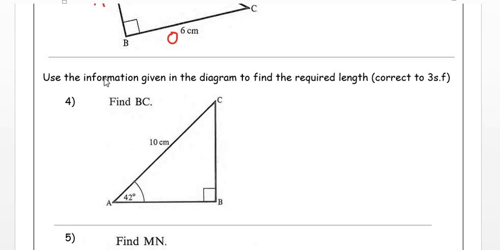Here they are saying use the information given in the diagram to find the required length correct to 3 significant figures, right? So first of all, mark the angle. This is the angle that is already given, and according to this angle we have to name the sides. But please try not to name all the 3 sides. Always try to name only 2 sides.